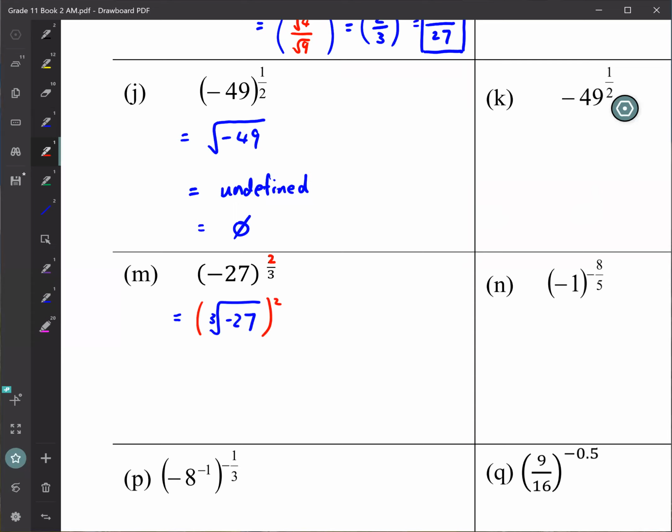Once again, if you look at J and M, you can put a star on these two. They're very similar. Both of them have a negative inside. Can we evaluate this one, or is this one undefined? Brennan?